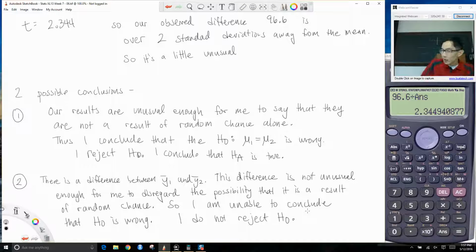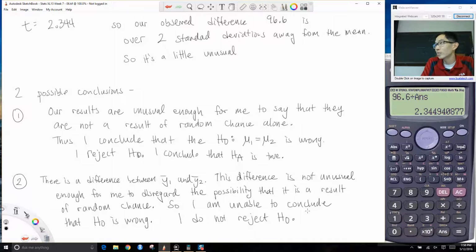Okay, and so to help guide us, we can use the T-table that tells us the associated probabilities with certain test statistics. Rather than just saying it's over 2 standard deviations, we can look up this value 2.34 in the T-table and try to make a conclusion.